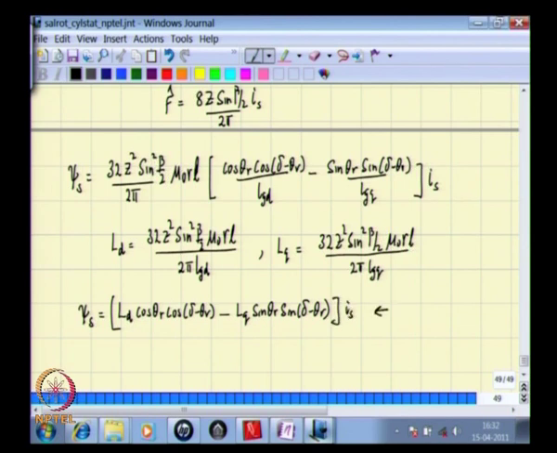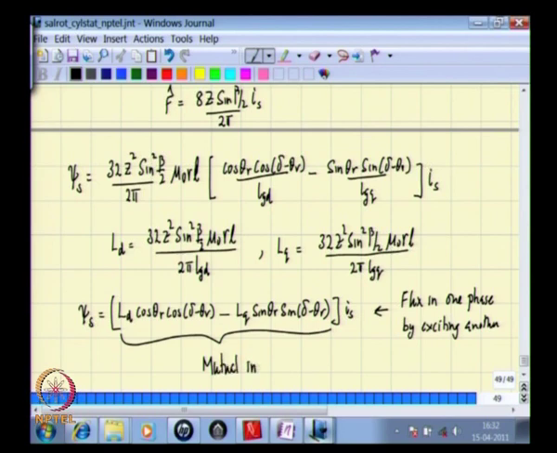Remember, this expression is the flux linkage in one phase by exciting another, and therefore the expression in this is nothing but the mutual inductance between the two phases.